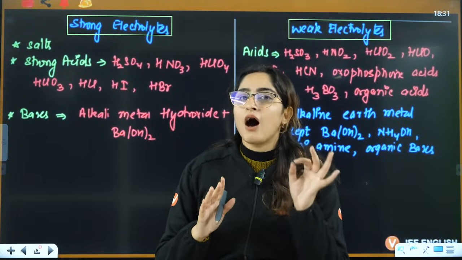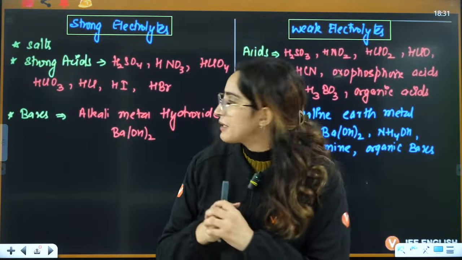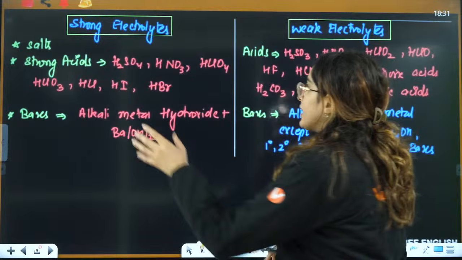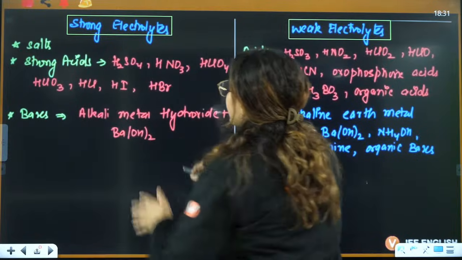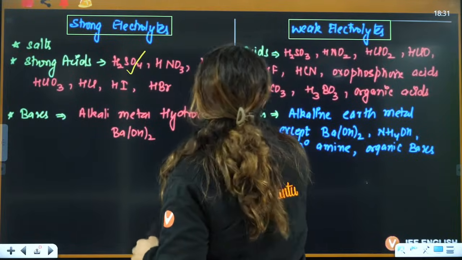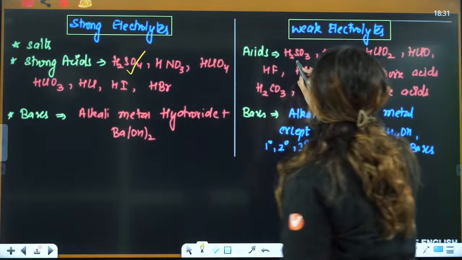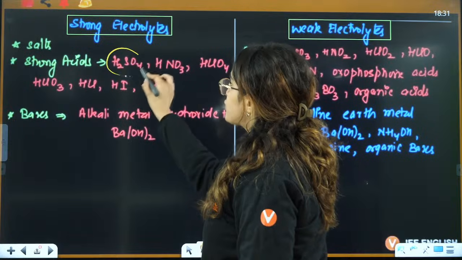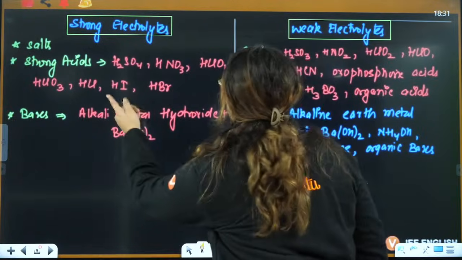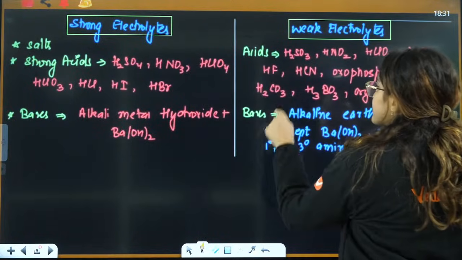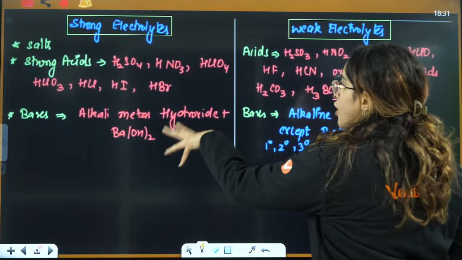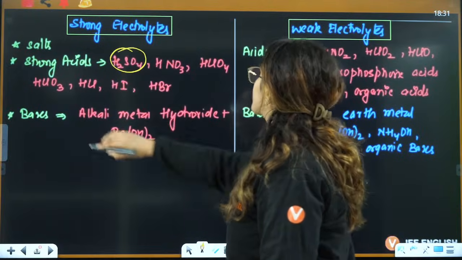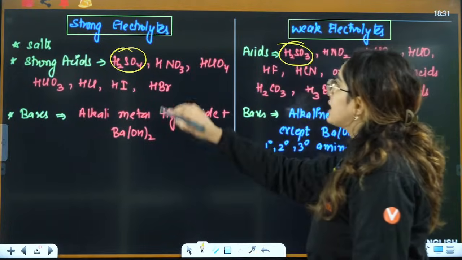Then strong acids, which is a very important thing. H2SO4 is strong, but H2SO3 is weak. Remember that. These are weak acids, these are weak bases, these are strong acids, these are strong bases.